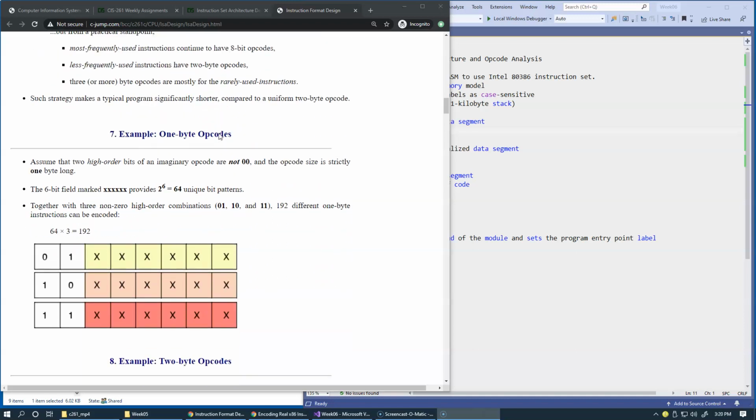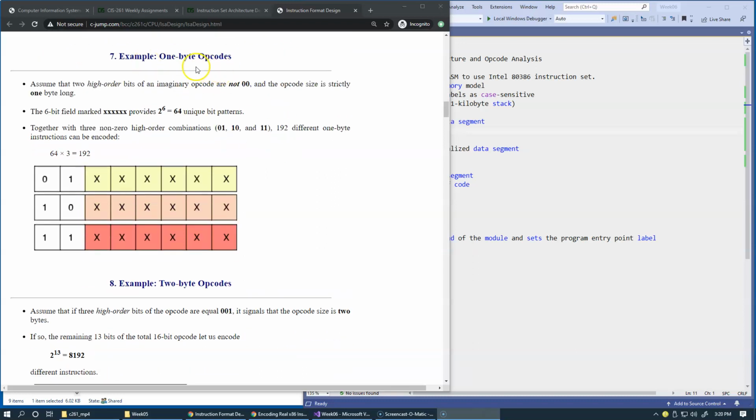Just an example of a 1-byte opcode, we may decide that a specific set of instructions may be encoded with 0, 1, 1, 0, and 1, 1, and reserve 0, 0 for future expansion. So then we basically can have these bits represent individual details about the instruction.